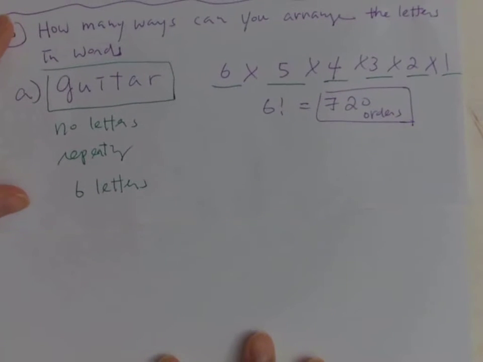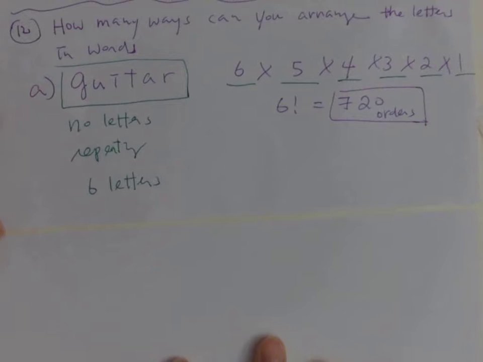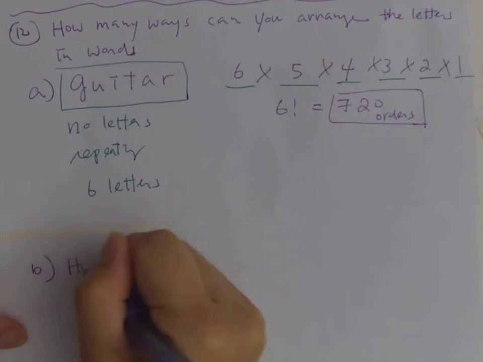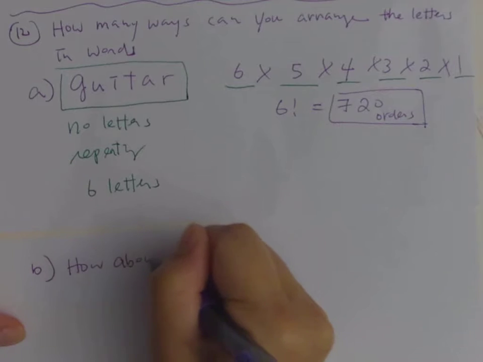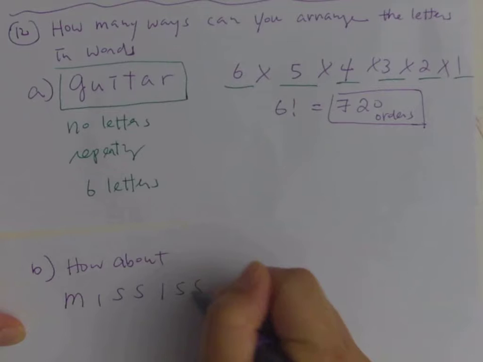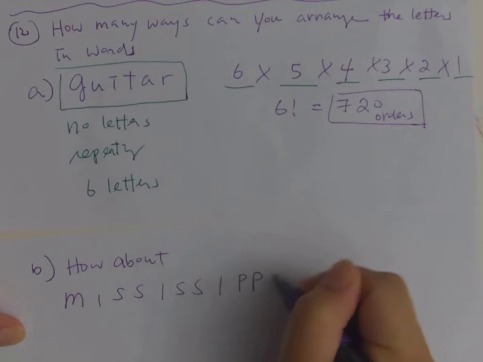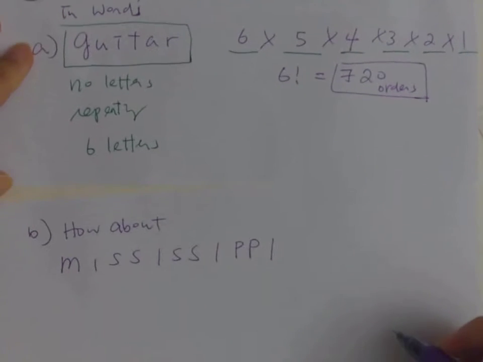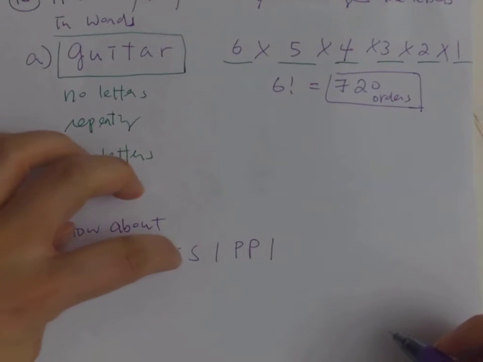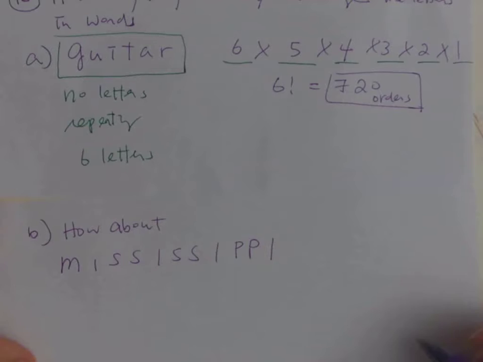Okay, so now if I look at the second word, Mississippi, M-I-S-S-I-S-S-I-P-P-I. Okay, this is kind of complicated, right? So how many letters? 2, 4, 6, 8, 10, 11.